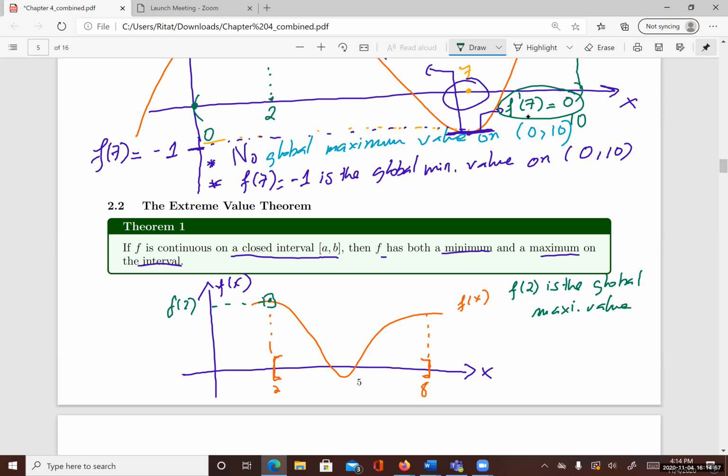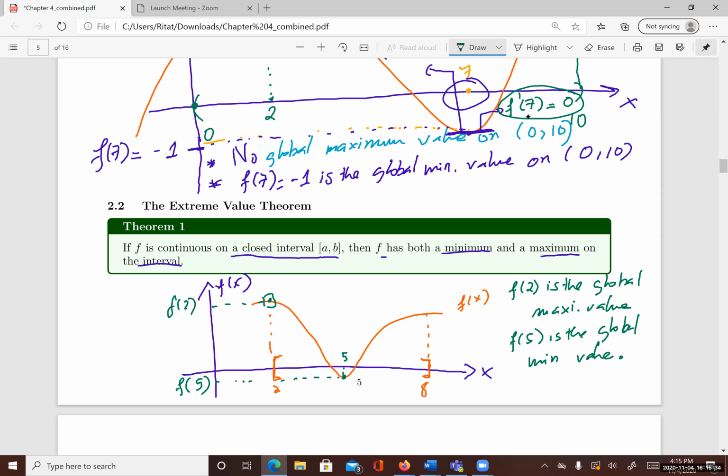And at f of 6, well, this should be 2 to 8, so this should be around 5. f of 5 is the global minimum value.